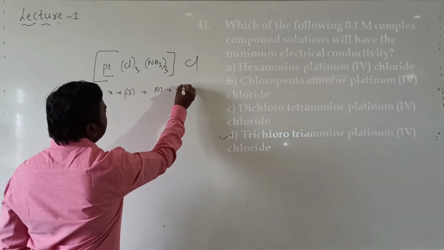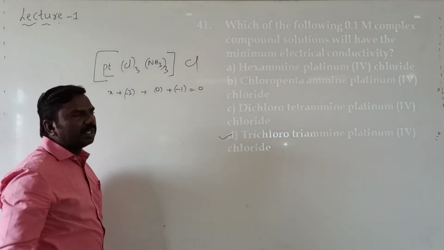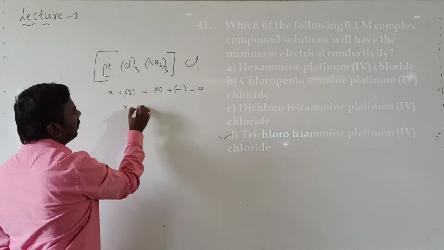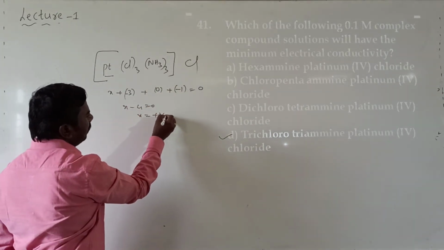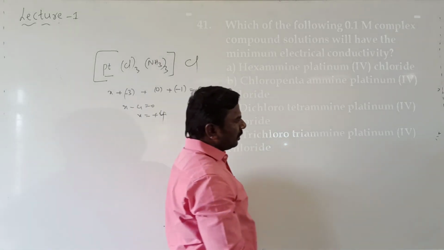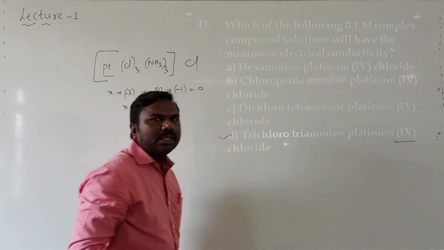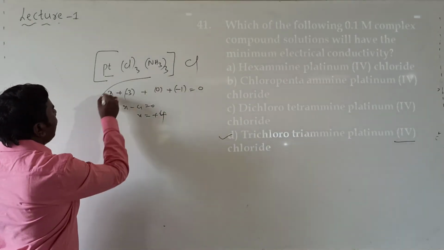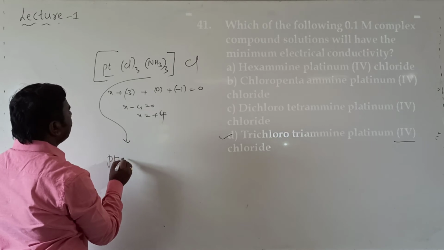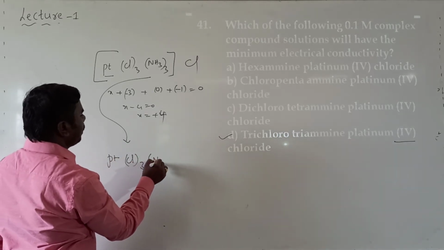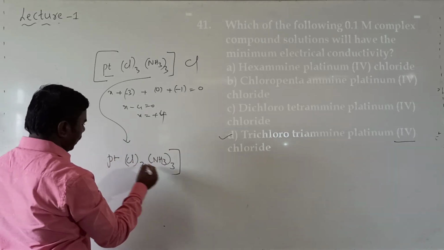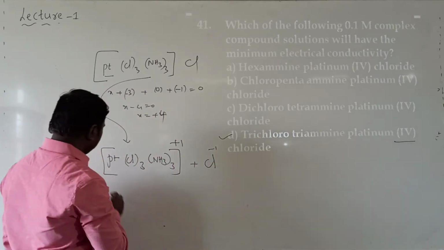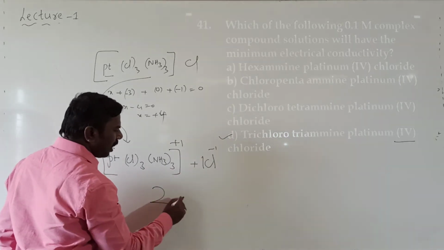So x minus 4 equals 0, x equals plus 1. Yes, the oxidation state is also satisfied. How? By taking 1 chloride outside. It decomposes into [PtCl3(NH3)3] plus, which is plus 1, and Cl minus, which is minus 1. Totally how many ions? 2 ions.